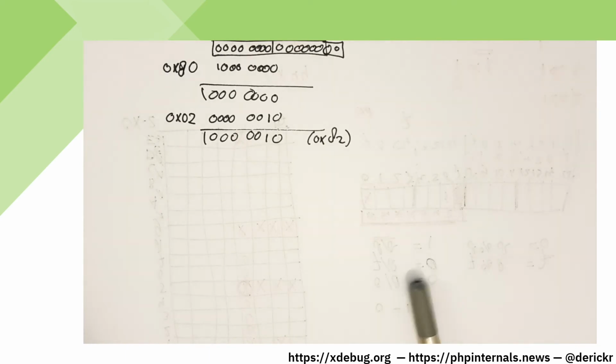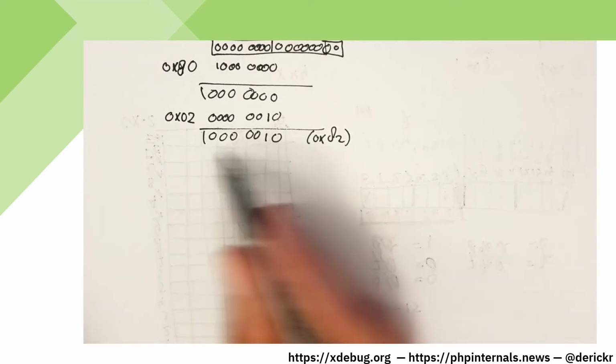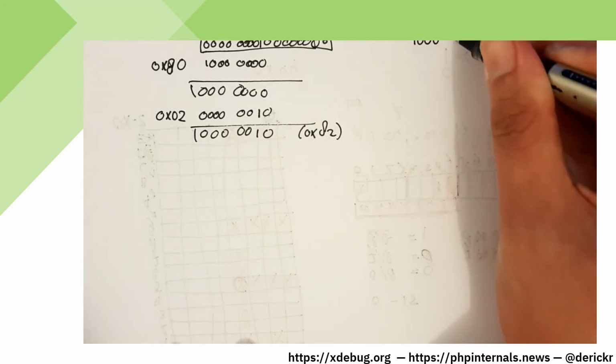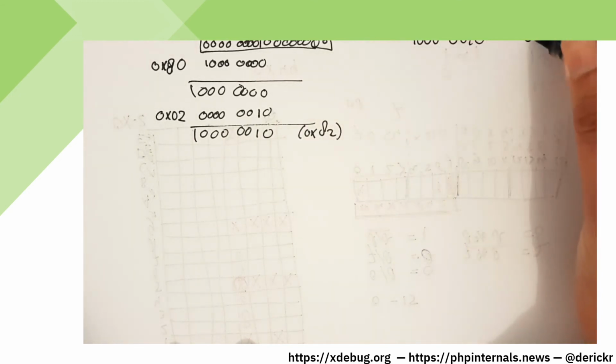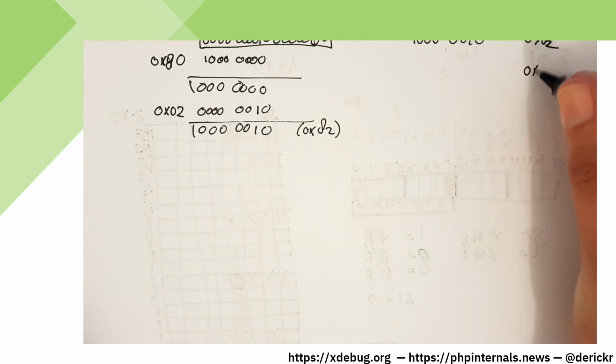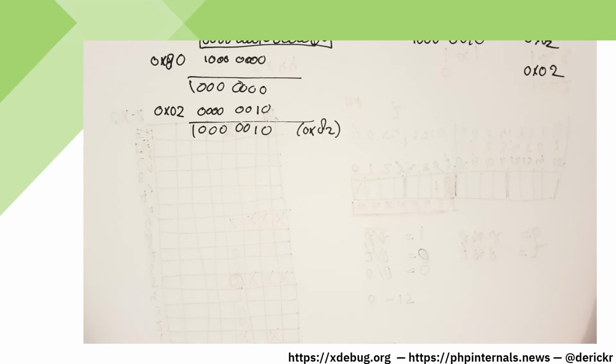So let's say that we start with our value that we have here. And I'll just focus on the first byte here, which is our 0x82. And say that we want to unset our second bit, which we know is hex 0x002.